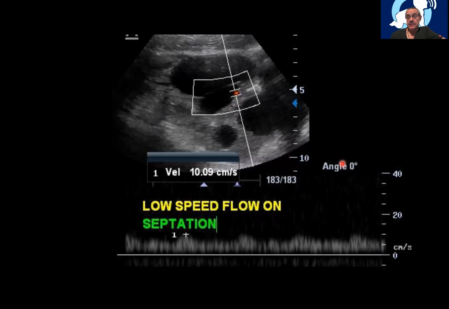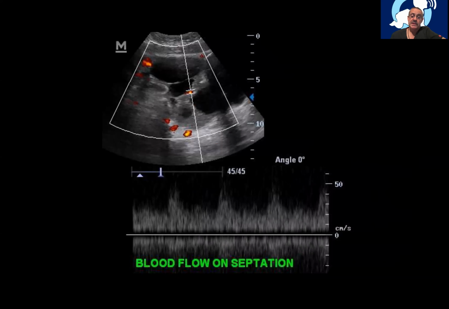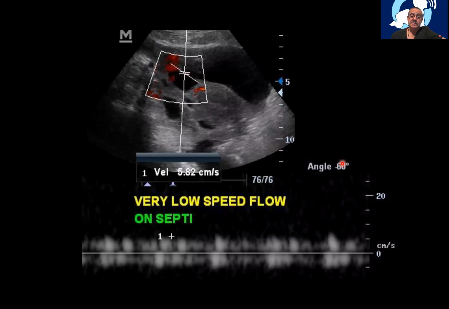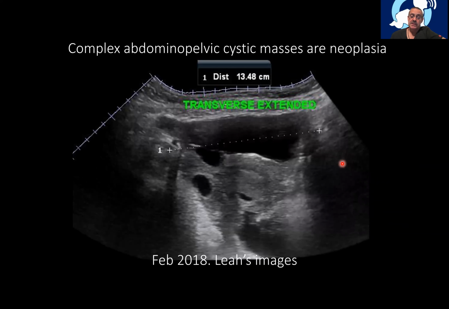And she followed the natural course of that disease, which is she passed away. We found low speed flow on septations of the complex cyst. And we did some follow-up on her because she was under any kind of treatment you can imagine.